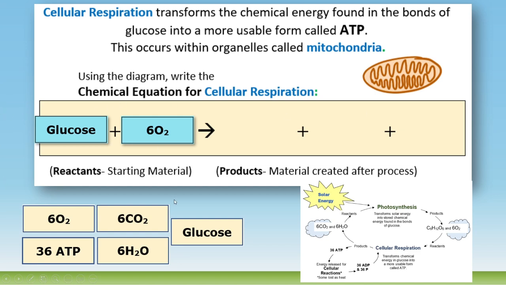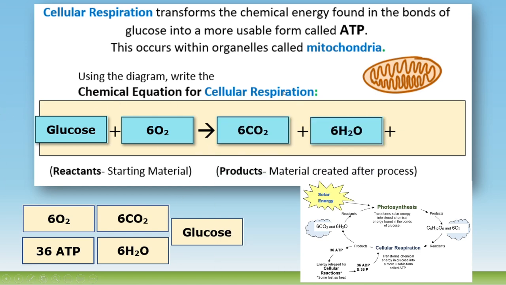So these are the reactants, the starting materials, and they produce 6 CO2 or 6 carbon dioxide molecules, 6 H2O or 6 water molecules, in addition to 36 ATP. So this process yields cellular energy from glucose. So again, your reactants are on the left, your products are on the right.